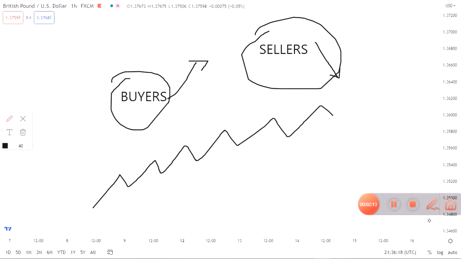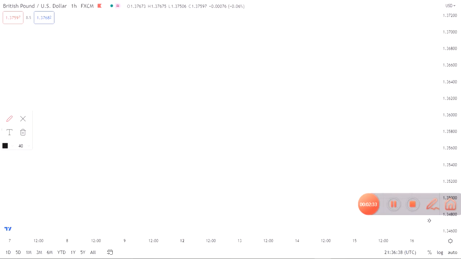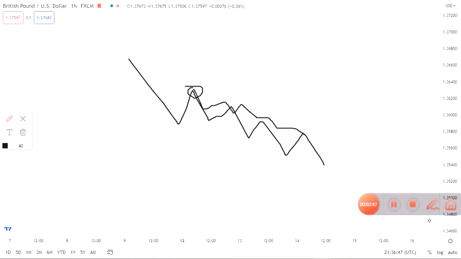As retail traders, you can either be a buyer or a seller depending on the direction of the market and your confluences. We take advantage of these tiny moves in order to profit. If the market is going to the downside, as a retail trader, we sell in hopes that the market gives us some dollars.